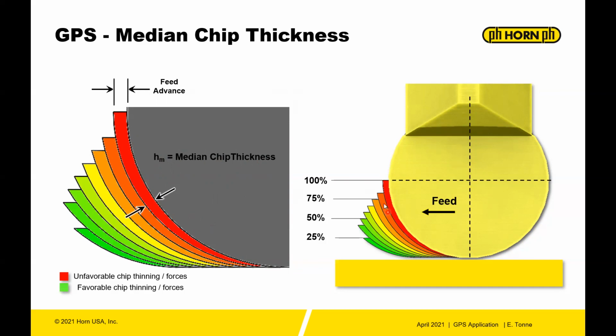So you can see that at 100% of the radius here, you do not have favorable chip thinning. You're very near the feed advance equaling the chip thickness. As you approach 25%, you have an advantage because your average is much less, so you can increase your feed.